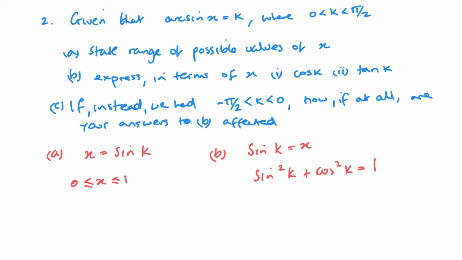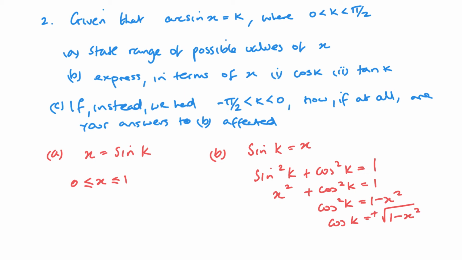Sine k is x, so sine squared k is x squared. And we have to have it in terms of x. So we want cos squared k equals 1 minus x squared. Cos k equals square root of 1 minus x squared.